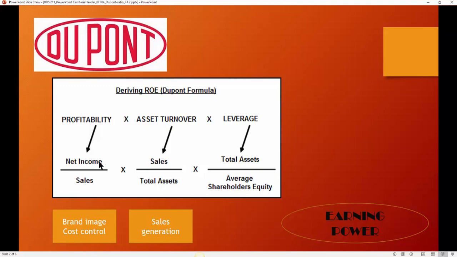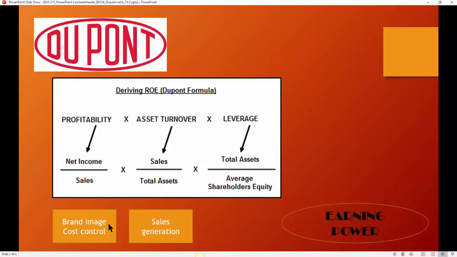Net income, as you know, is revenue less expenses. Revenue is the top line. Companies that have a stronger brand image, like Coach and BMW and Coca-Cola, are able to charge more for their products.